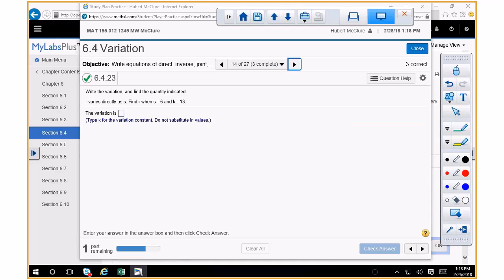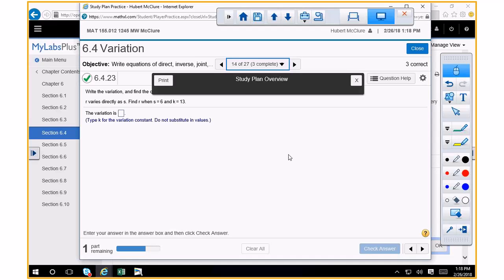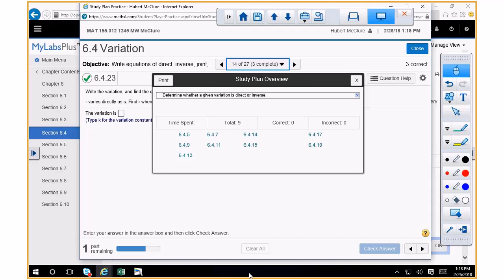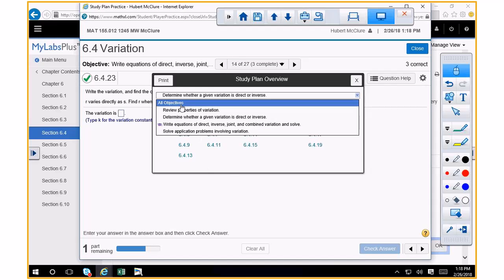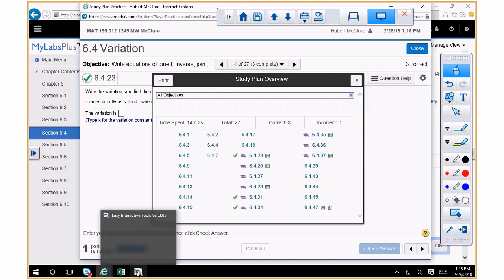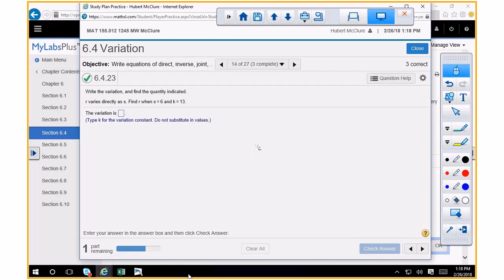Let's do another. Let's go down to, I hate when they do this. Just show all of them. Okay. Which one did we just do? 14? Where's 14? I don't even see 14. Oh, 23. We just did 23. We just did that one. Let's see what this one looks like.